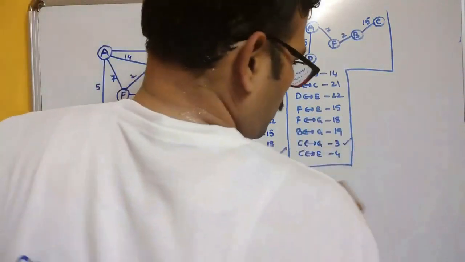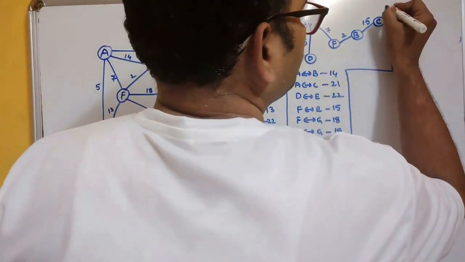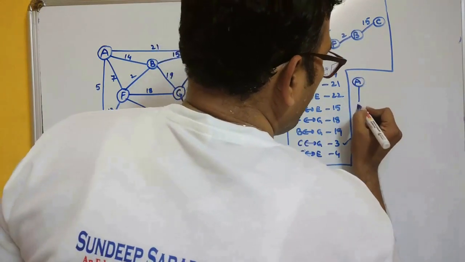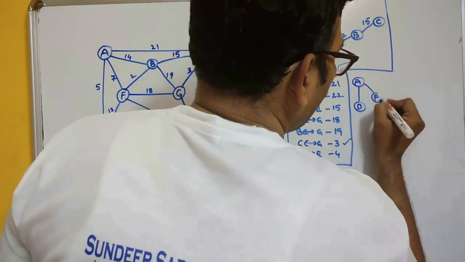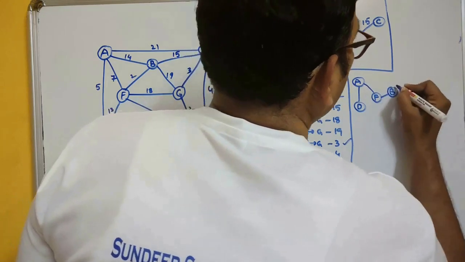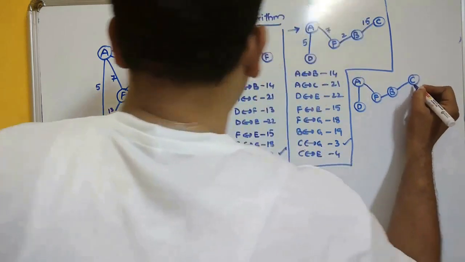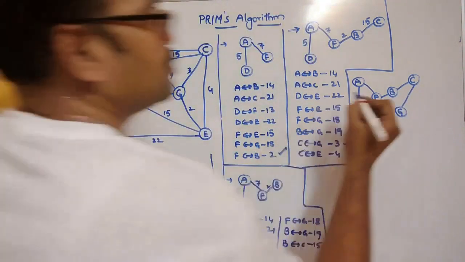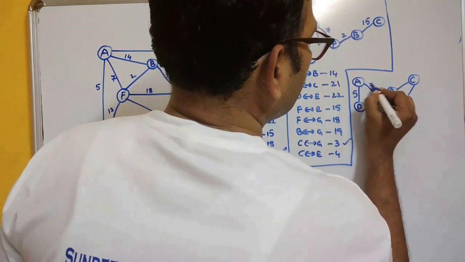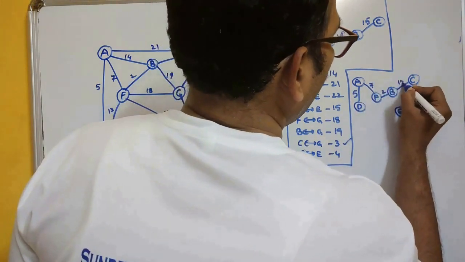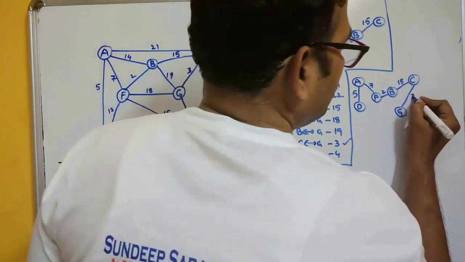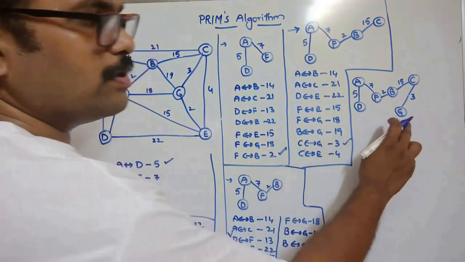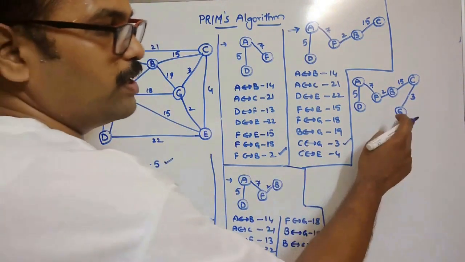So now, I will consider here A, D, F, B, C and G, right? So the weights are 5, 7, 2, 15 and the edge is 3 here. Now we have taken one edge, that is a new vertex G.